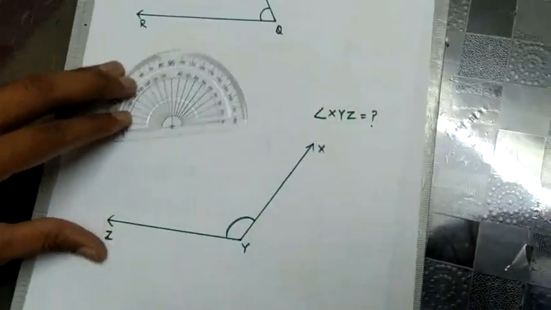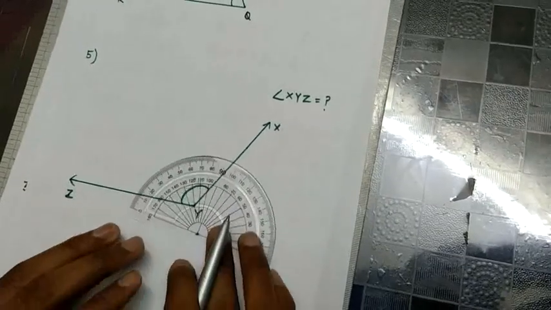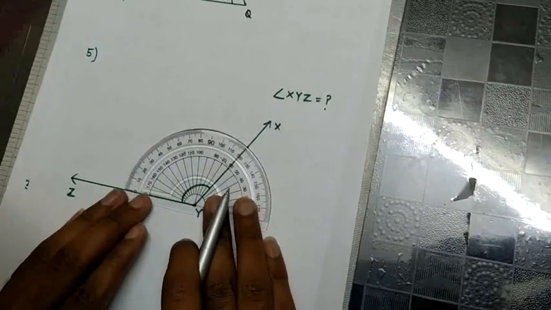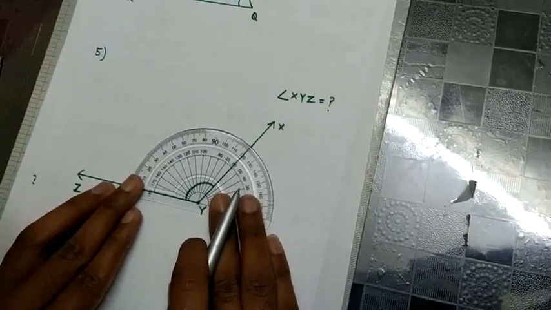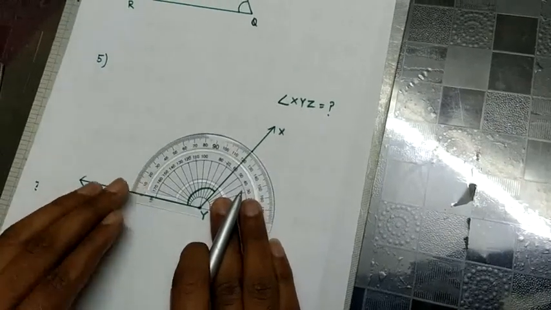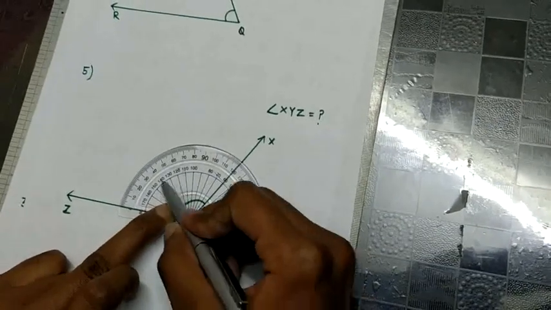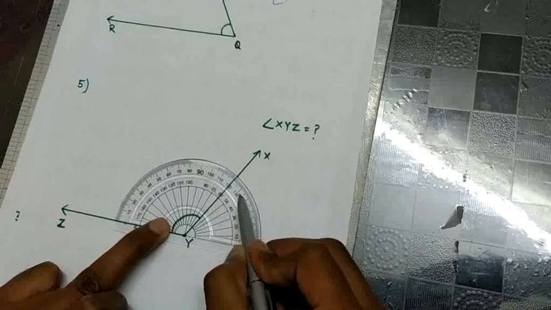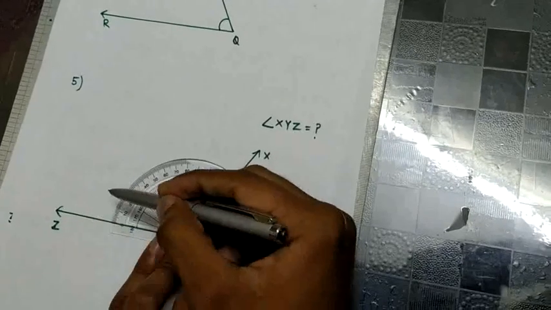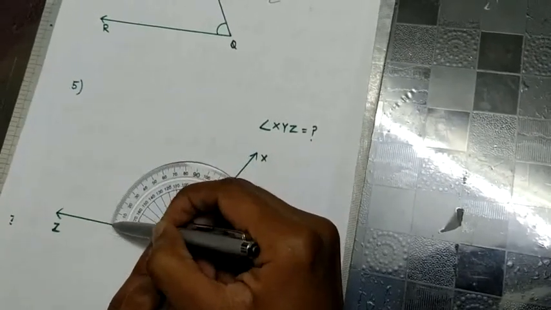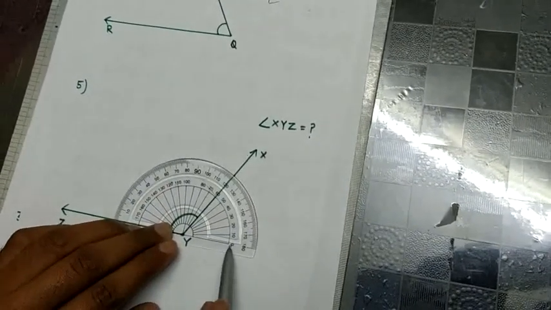Look at this. This is also a ray going to left side. We will put the protractor on the vertex point. Now we will measure the outer part, not the inner part, because when the ray is going to left, we will start from the upper part, and when the ray is going to right side, we will start from the inner part.